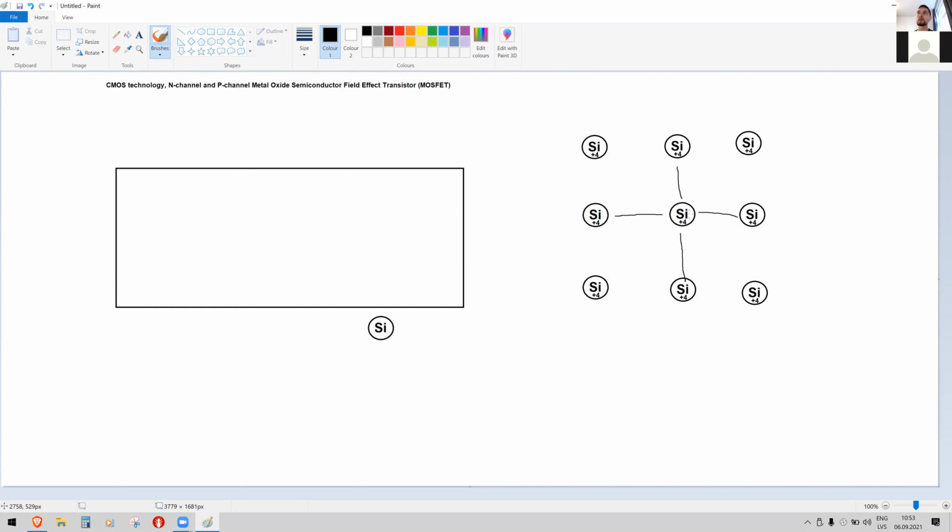So this central silicon is connected to its neighbor using 1 electron, the second, the third, and the fourth. So it cannot, for example, connect to a 5th atom. It's connected to its neighbors. And this silicon, for example, is connected to 1 neighbor, to the second, and to some other, like this, okay?